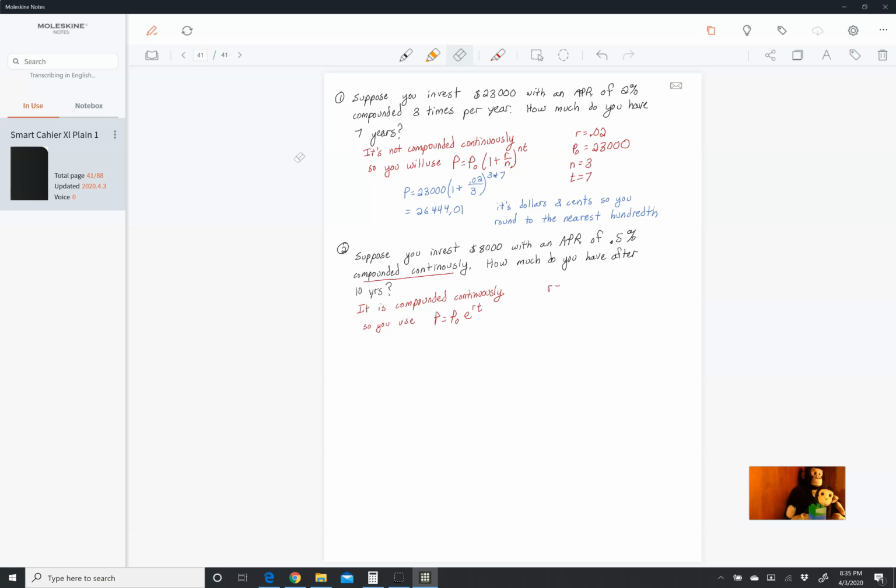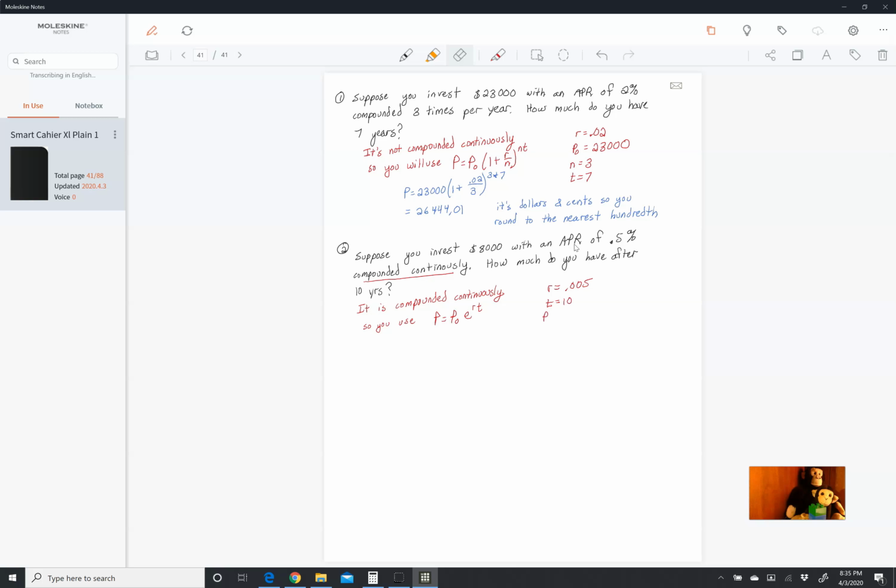And here your R is 0.005. It's as a decimal, so you divide by 100, okay? You're moving your decimal point two places to the left. Your T here, you want to know how much you have after 10 years.